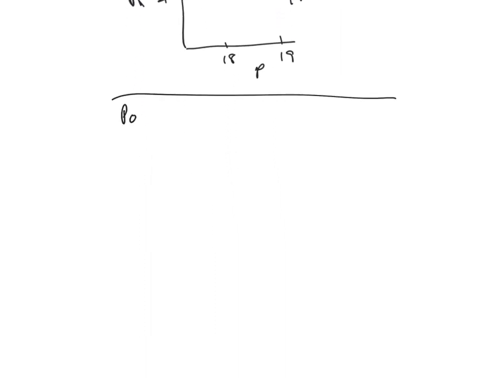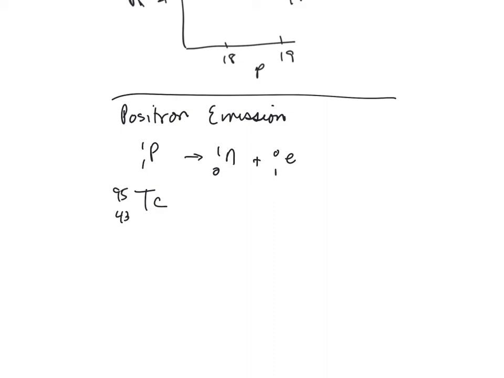If you look at positron emission, this is the one where you have the proton becoming a neutron plus a positron. Example here is technetium-95, with 43 protons, forming molybdenum-95, with 42 protons, plus a positron. It's got a positive one instead of negative one.